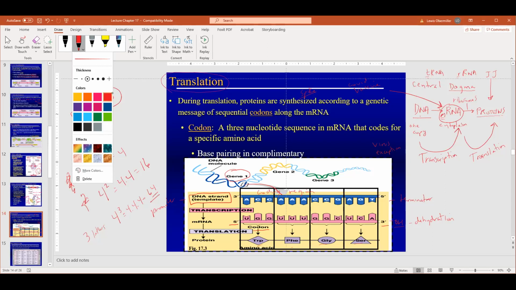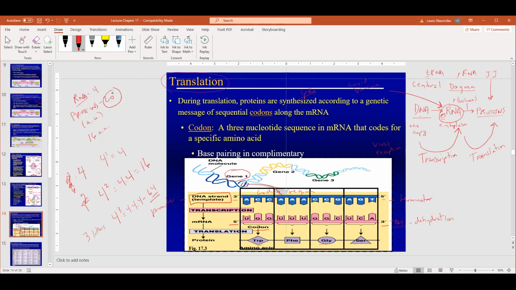Okay, so it turns out that if the DNA code is 3 to 5, then this mRNA has to be 5 to 3. So it can only read one of the 2 strands, and then there'd be another strand. And you guys did practice problems on this in the last lab.